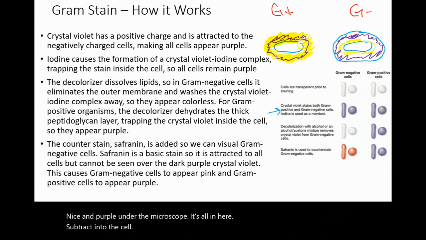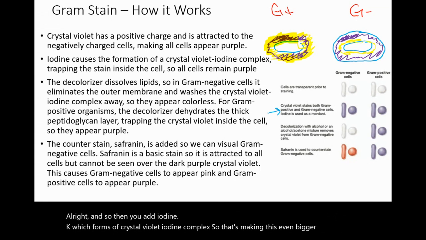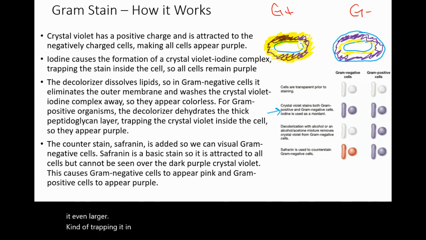All right, and so then you add iodine, okay, which forms a crystal violet iodine complex. So that's making this even bigger, making it even larger, kind of trapping it in the cell. So again, all the cells are still purple at this point.